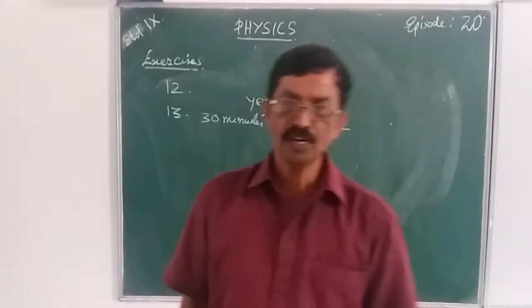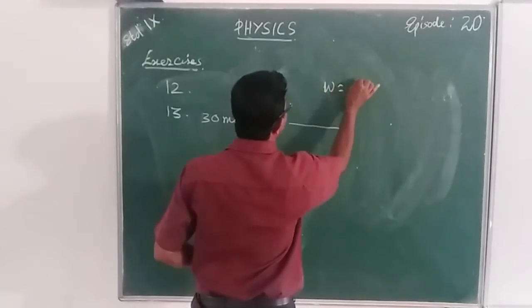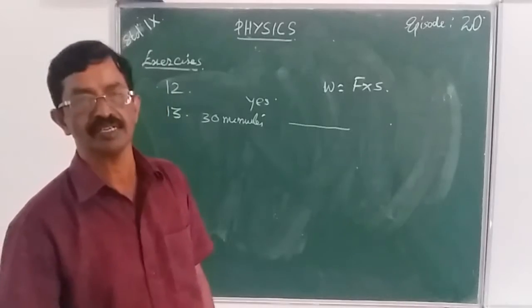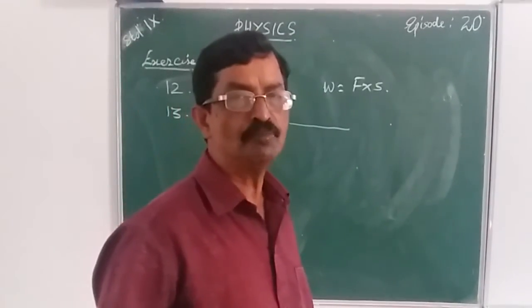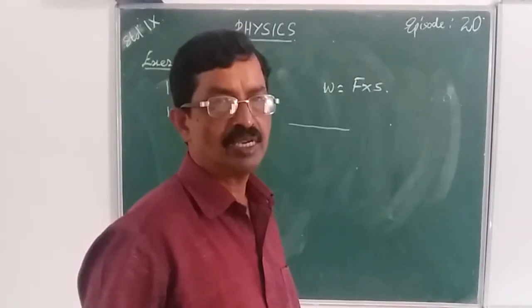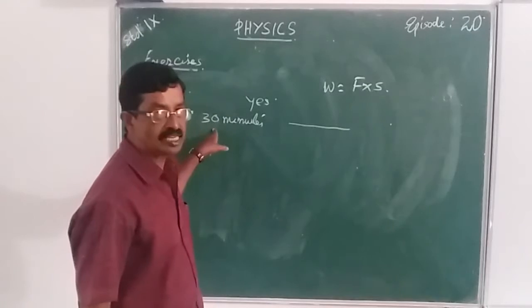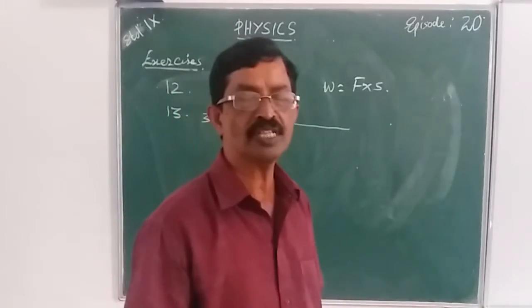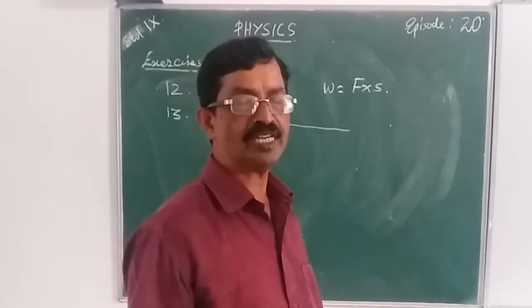In this case, we know that force and displacement are necessary. That means with the action of force, there should be a displacement. But in this case the hay is on his head for 30 minutes with no displacement.